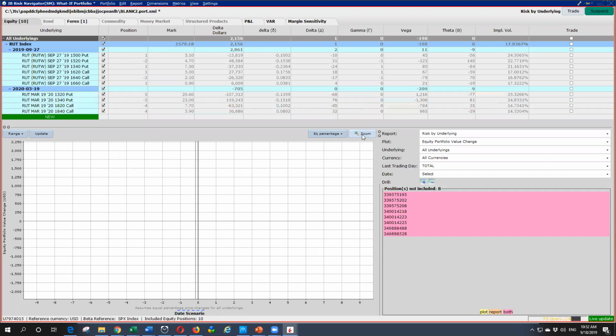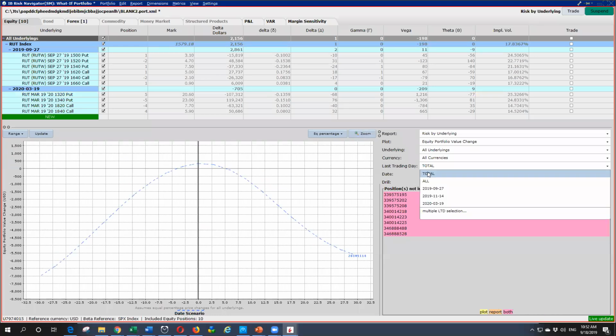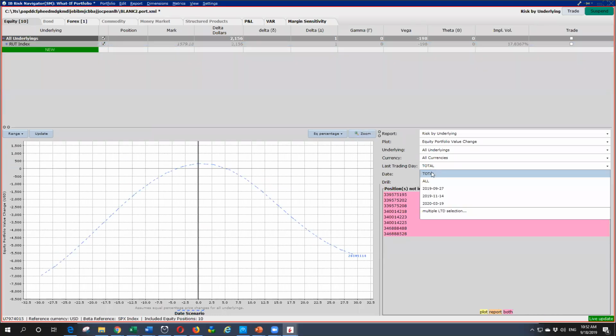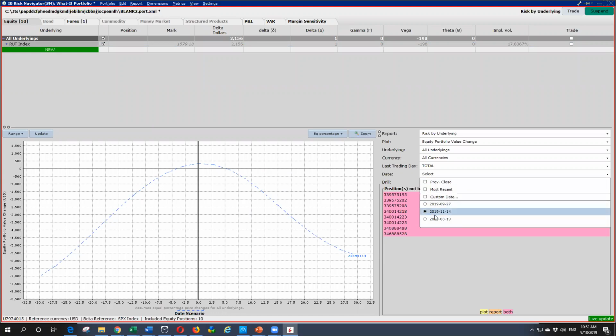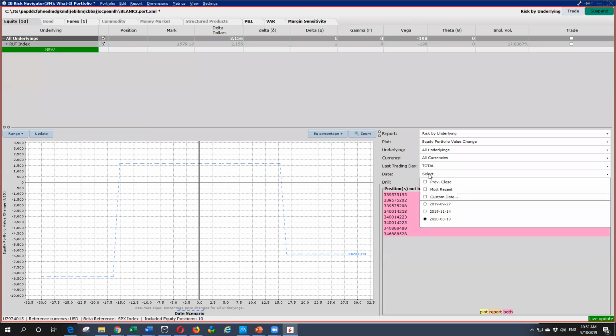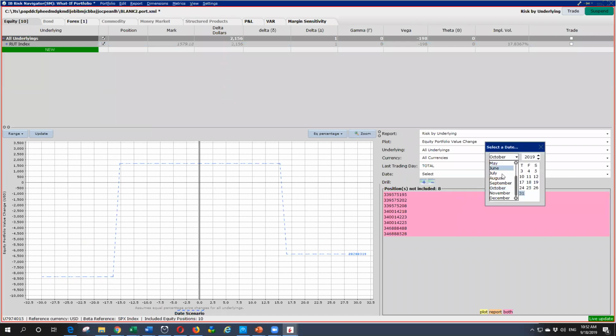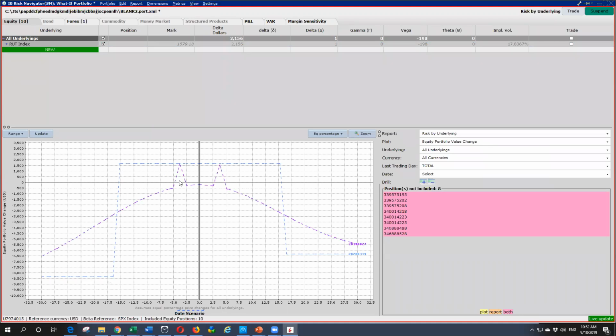Let's change it to that date. Oops. And add custom date. I think that's what I was trying to do. Yeah, so something like that. It's not perfect. I'd maybe do it a little bit differently. Maybe I'd go a bit further out so it's a little bit cheaper.